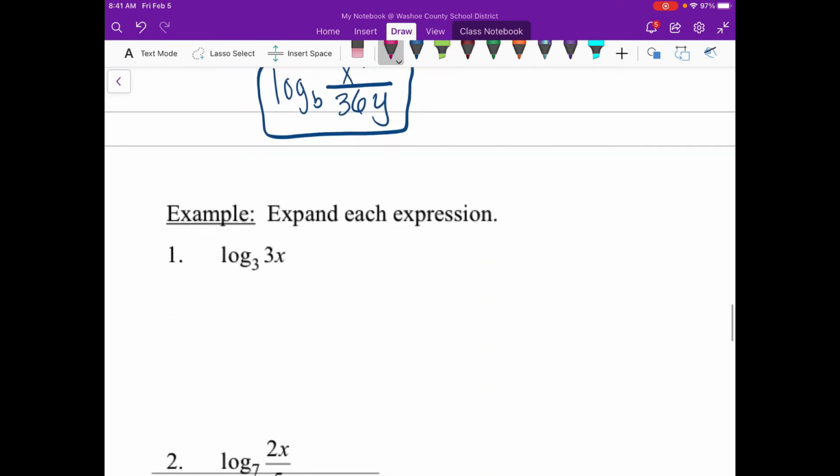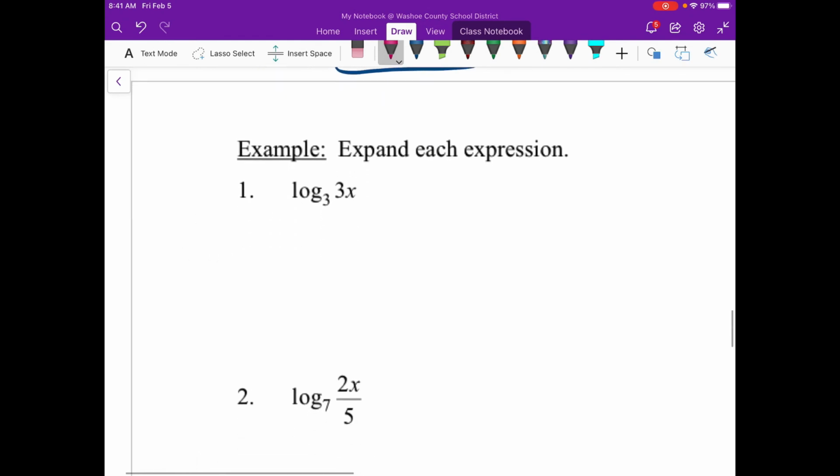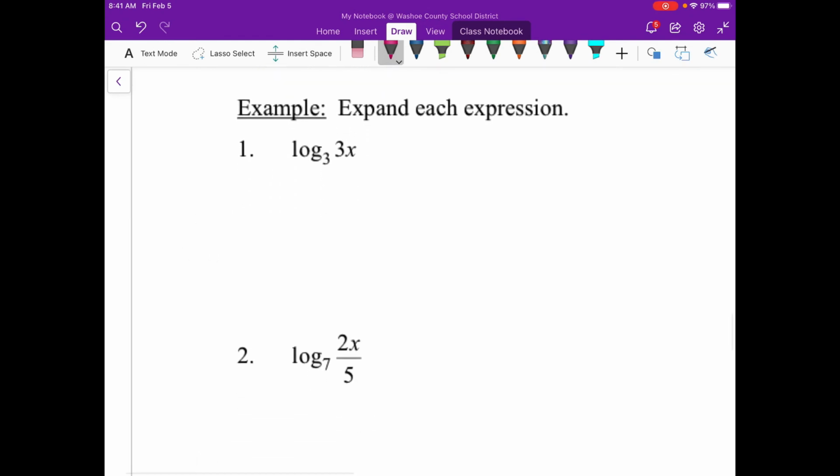Now we're going to go backwards and expand the expressions this time. So instead of making it one term, I want to expand it and make it 2 or more terms, depending on how much is going on here. Okay? So again, keeping that same base, and then this one is just determining what is originally happening. Originally, these are being multiplied. So I know that if I wanted to split them up, that means that I need to add logs being added, right?